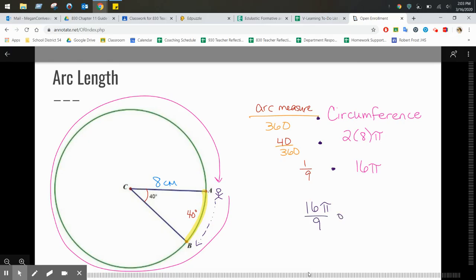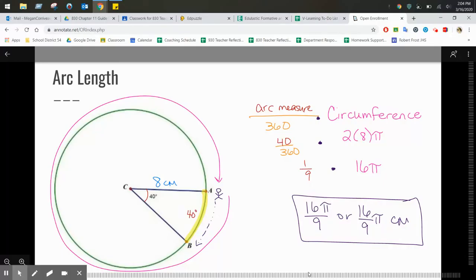Or you could think of it as 16/9 pi. Either way though, we do need to label our answers. Pi is not a label. Pi is a number. So don't forget, when you have pi in your answer, that's not the label, that's part of the number. So either way you want to say it here, 16 pi over 9, or 16/9 pi centimeters is how long it would take him to walk.